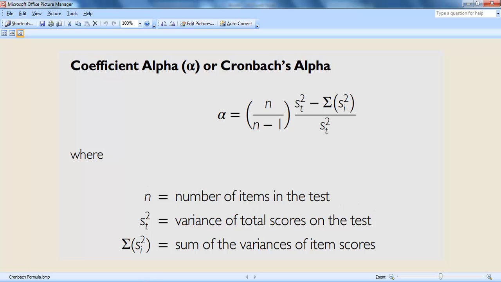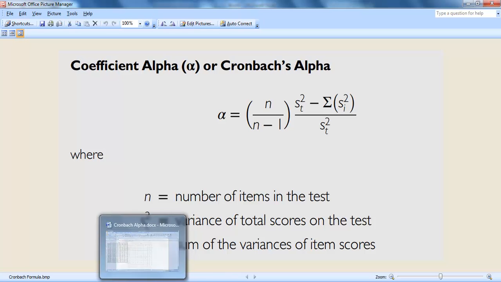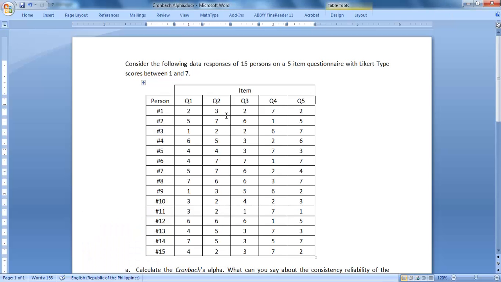Now, let us take a look at our instrument. Our questionnaire is composed of how many items? 5. Q1, Q2, Q3, Q4, Q5. So that is our n. N is equal to 5 items.